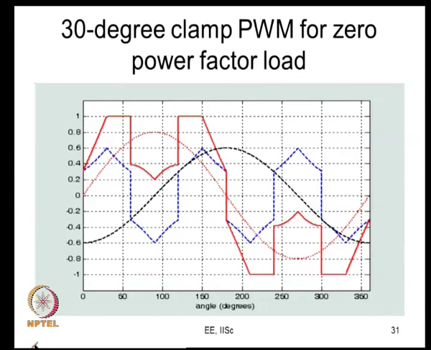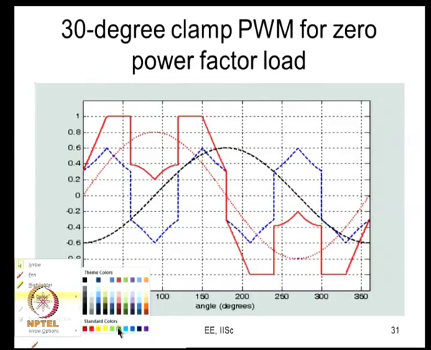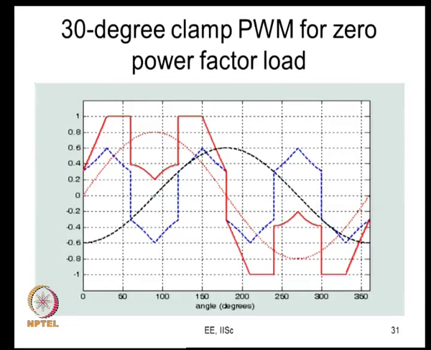Let me draw this energy loss. If I draw the energy loss, here it follows the current up to what point? Up to this point, then it is 0, then up to here it is 0, then here it goes.